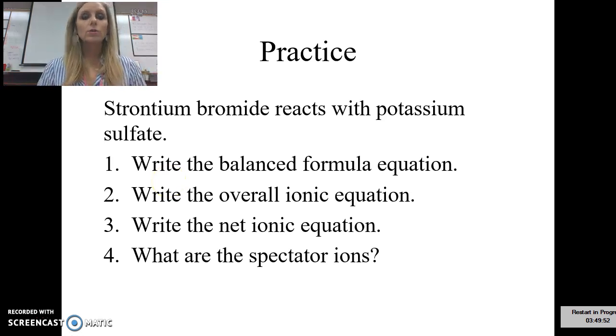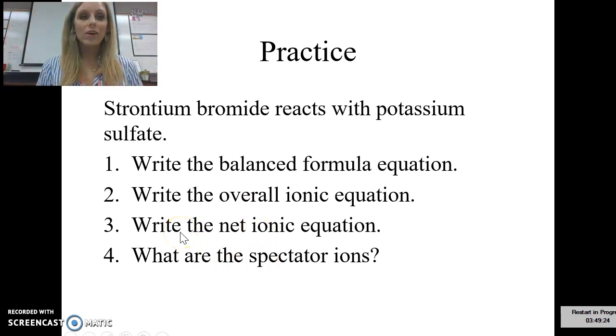Before you write the ionic equation, make sure you know which ones are aqueous, which ones are going to split up into ions, and which ones are solid, which ones will come together as a precipitate. When you write the ionic equation, you're going to split up all of your aqueous ones into ions, and you're going to keep your precipitate as a solid, so that's your overall ionic.